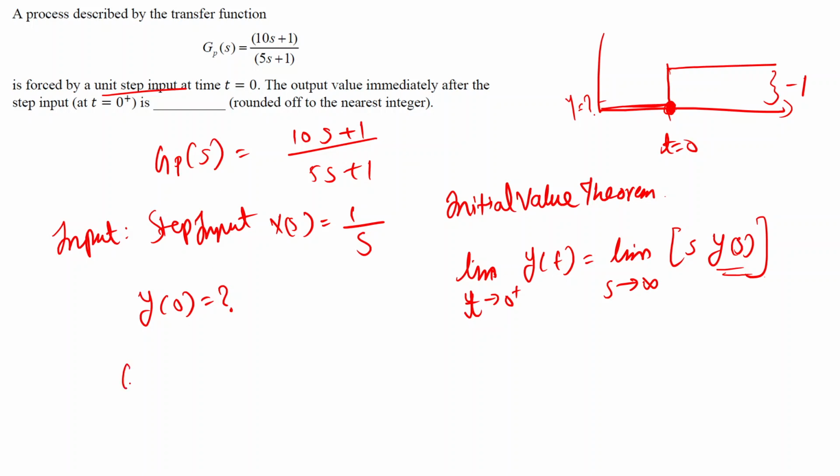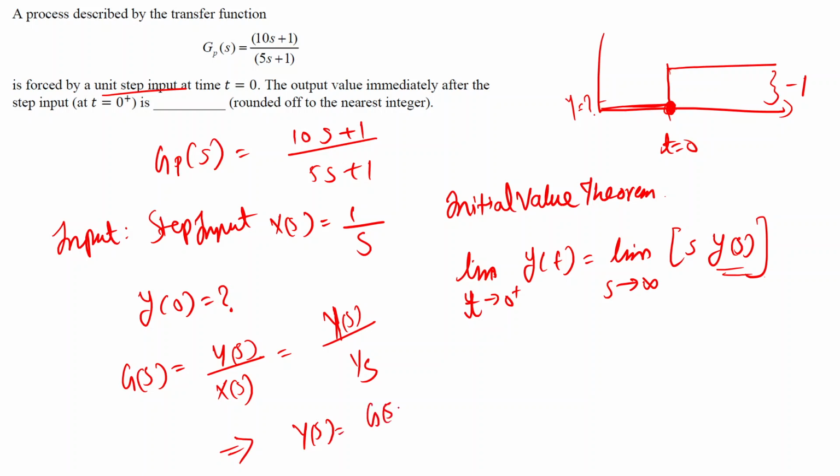So the transfer function, you can also write it as G of s is equal to y of s upon x of s, and in this case x of s we have been given as 1 upon s. So y of s will become G of s upon s.